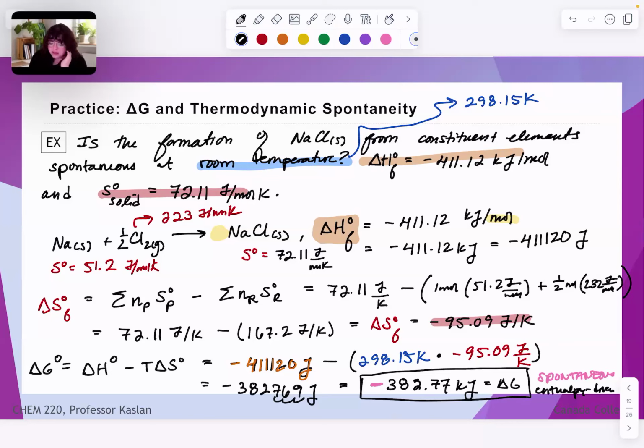So if you need review on how to calculate things like the standard thermodynamic property, in this case entropy, or standard enthalpy of reaction, make sure that you're going back to chapter 7 and then chapter 12. But the idea here is we have delta X standard, where X is some thermodynamic property.